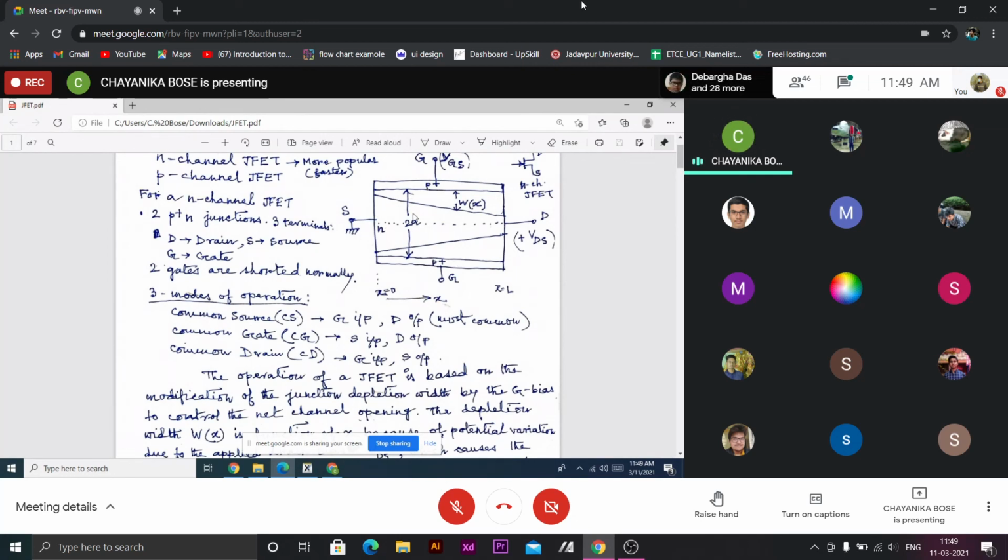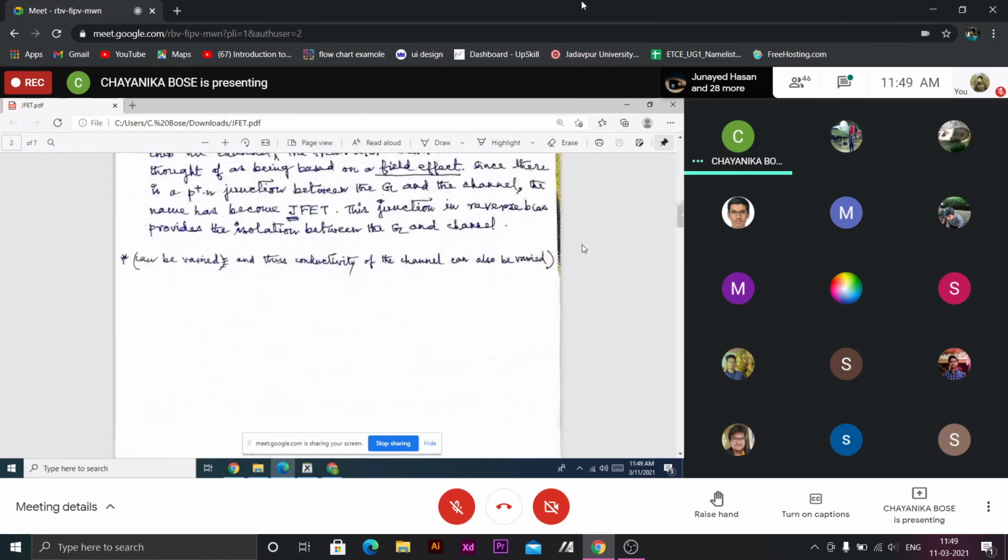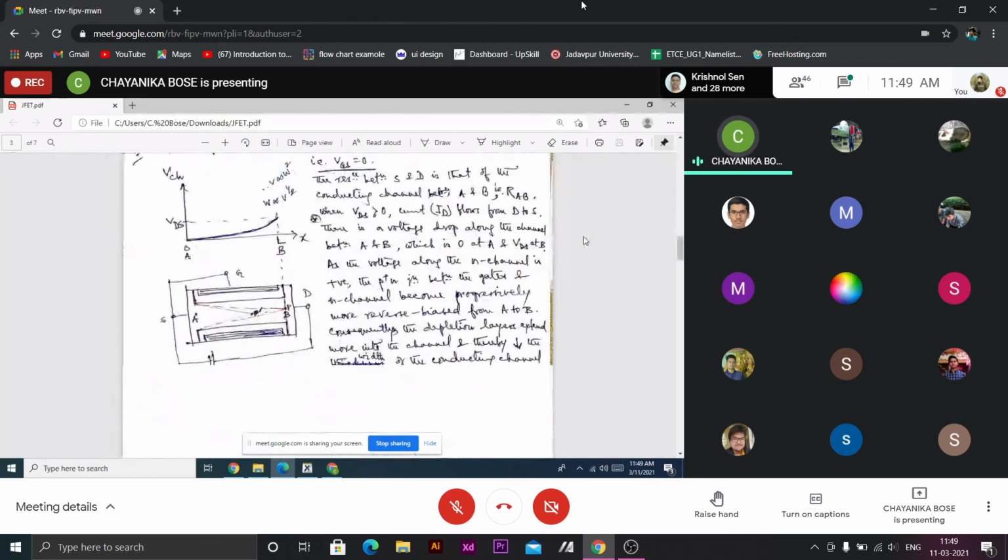The resistance in these regions is higher, so the carriers will follow the smaller resistance path. The reverse biased P plus N junction provides isolation of the gate from the source, so the carriers will not move to this region. All carriers will appear at the drain and we will get the maximum drain current. I think all points are covered.